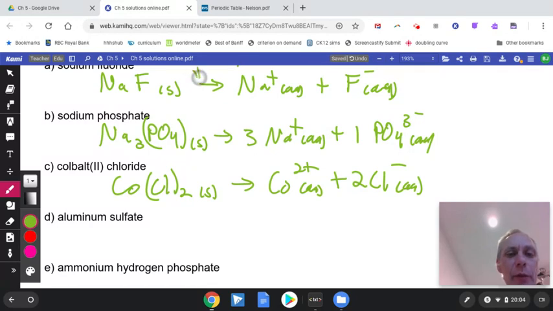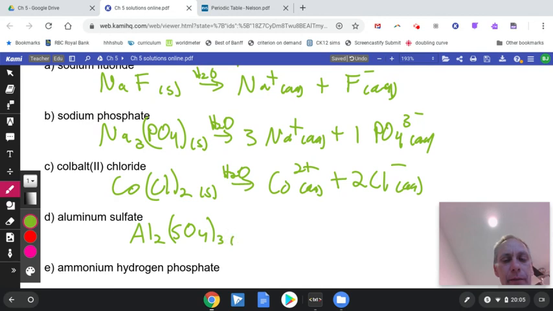Sometimes people will put H2O above the arrow to show that you're adding it into water. Okay, aluminum sulfate, Al, sulfate, SO4 2 minus. So that's 2 of those, 3 of those, gives 2 Al 3 pluses and 3 SO4 2 minus.